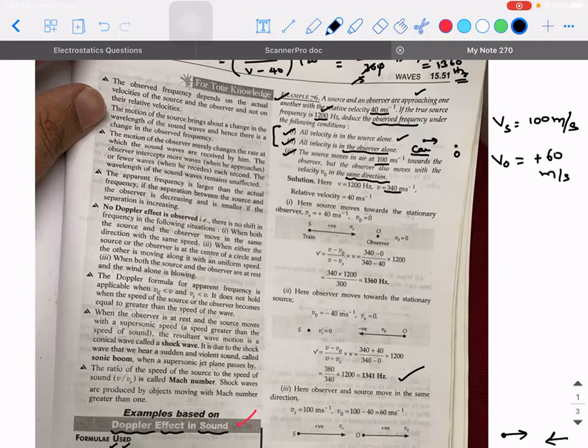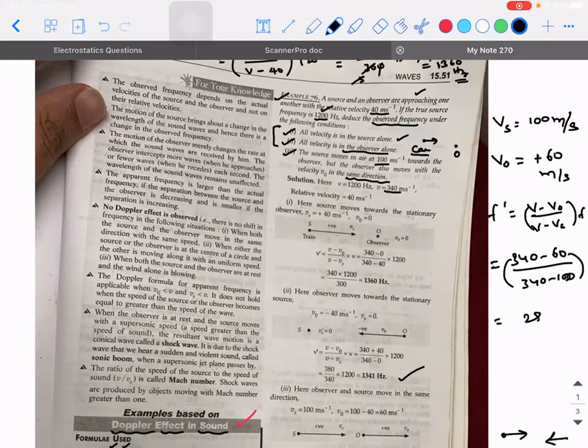So f dash will be (V minus V naught) divided by (V minus Vs) into f. So 340 minus 60 divided by 340 minus 100 into 1200.